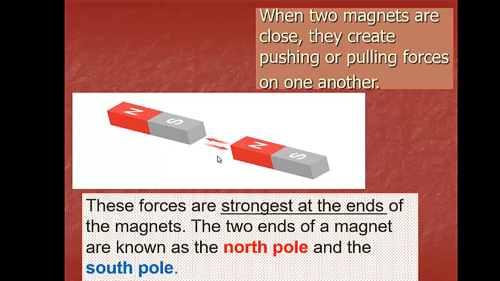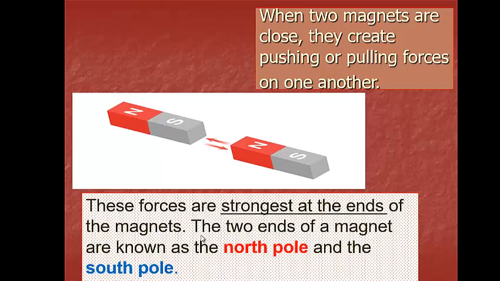Let's see what will happen if we put the opposite poles next to each other. When two magnets are close, they create pushing or pulling forces on one another. So what do you think will happen if you put the south next to the north side? These forces are strongest at the ends of the magnet.